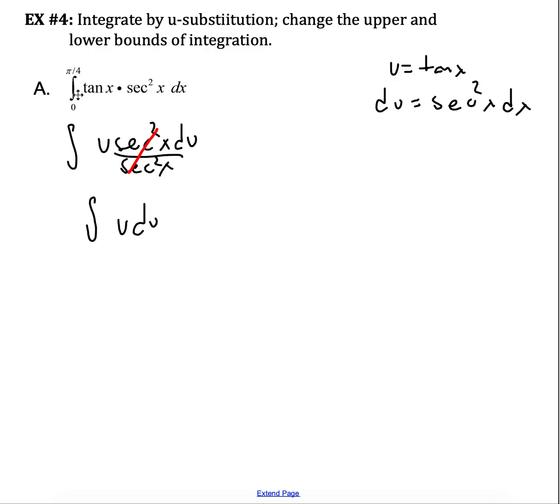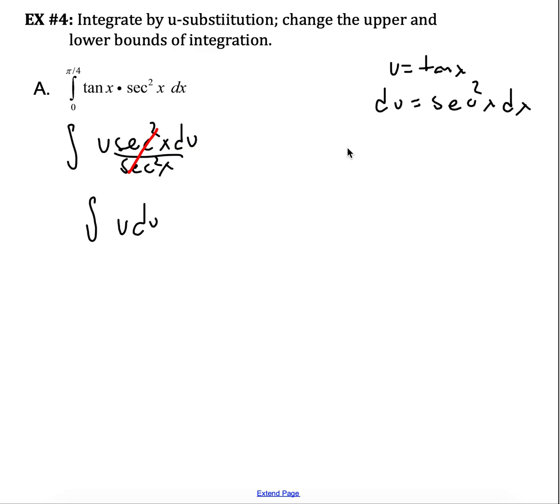But we do not want to integrate from 0 to pi over 4, or go back and change to tangent x. We want to integrate with our new bounds, right? So first thing I want to do is change our bounds.